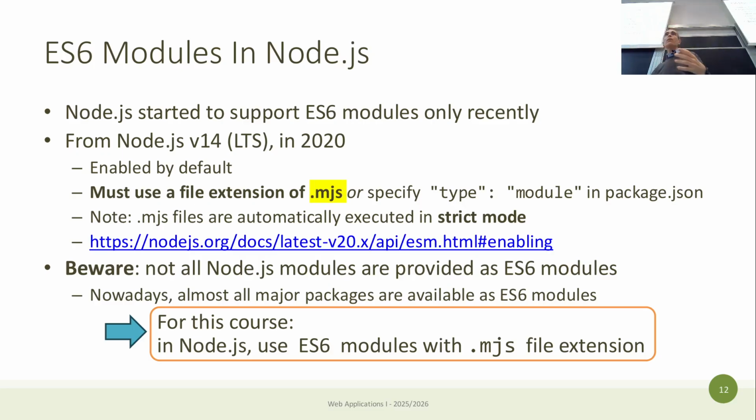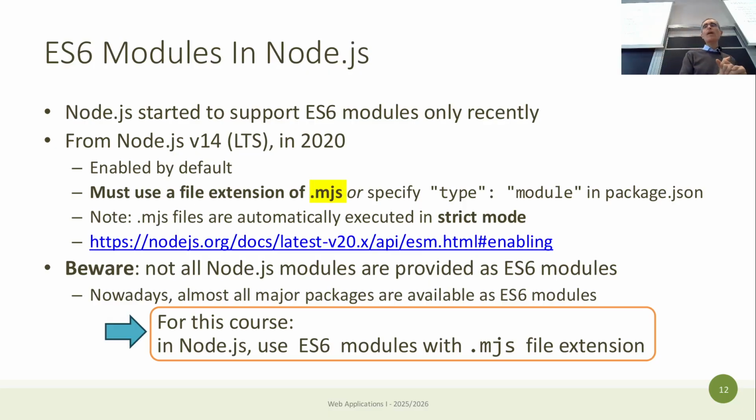I would say 99% have the ES6 module version. But there is a very small percentage, maybe not so much updated, so I'm not sure if you should use it or not. Maybe it's not so wise to use it. And for those, you need to change the convention and use the other type of module that we're going to see in a minute.